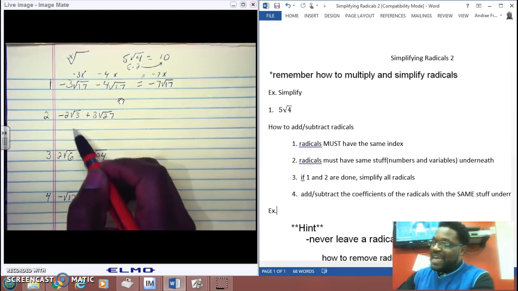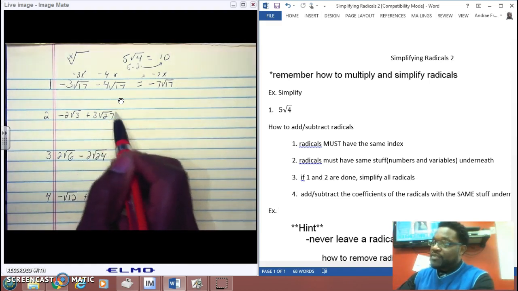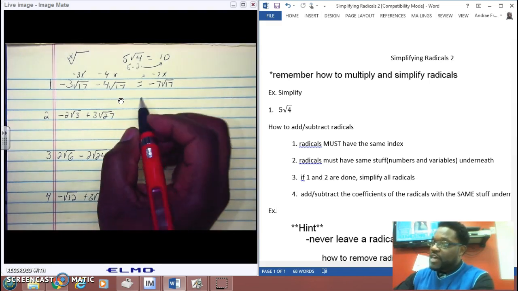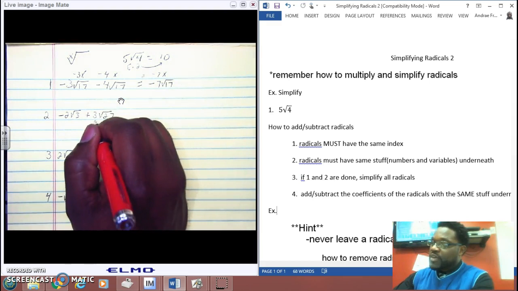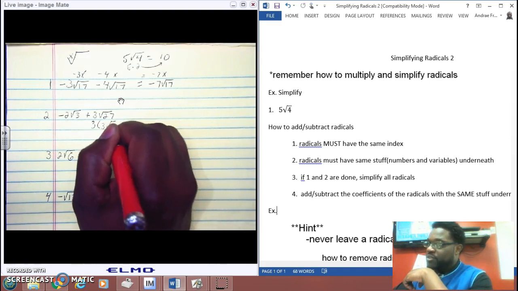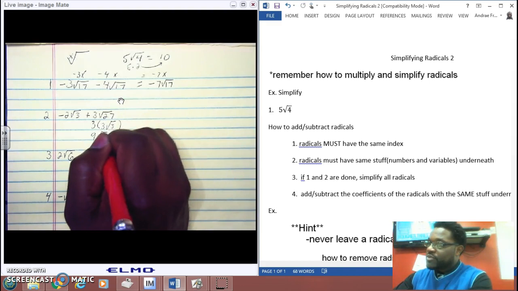Look at number 2. I cannot right now. That's a 3. That's a 27. So I can't say -2 plus 3. However, I can look to simplify this. And you need to go back to your notes if you have a hard time with this. But this is going to simplify as 3 times 3 radical 3, which becomes 9 radical 3.